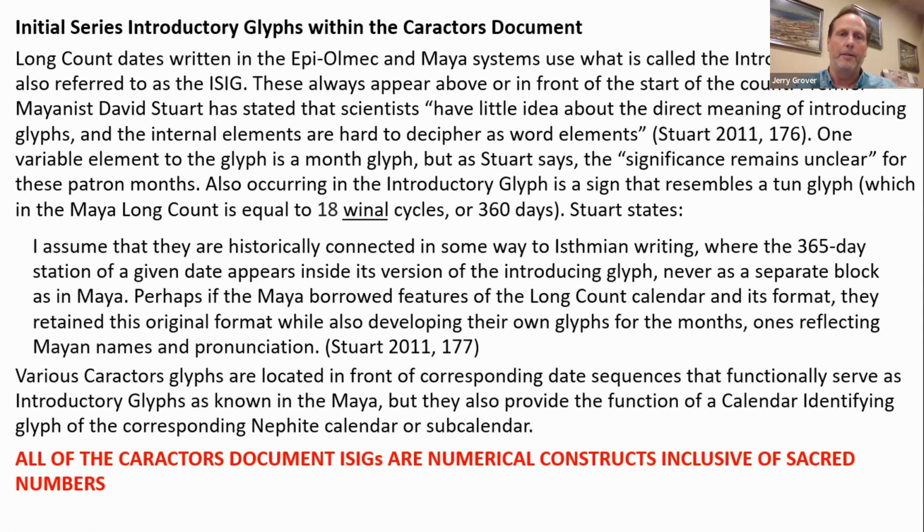They do stylistically change, but in the Characters document, you'll see that these introductory glyphs also incorporate numeric elements of the sacred numbers, which I talked about, that the text itself does contemplate or incorporate. It's a very religious text.